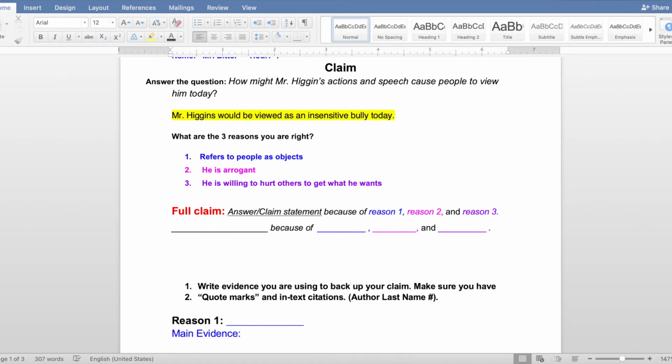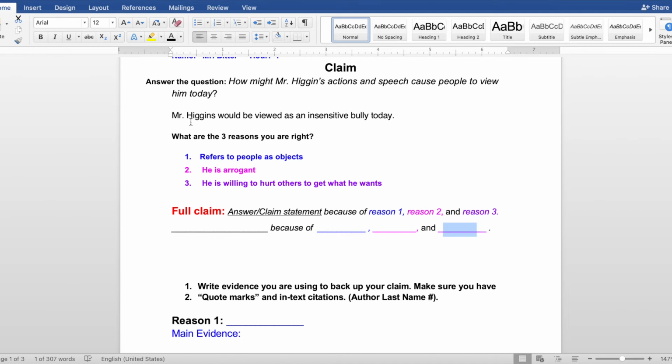When we get to our evidence, we need to put everything together. The claim has many parts. First off, there's the answer to the question. This answer to this question that we just gave right up here. Then we also have our three reasons, and we've got those three reasons just right here. All we're going to do is take and paste them right into this structure here. It's got the answer because of reason 1, reason 2, and reason 3.